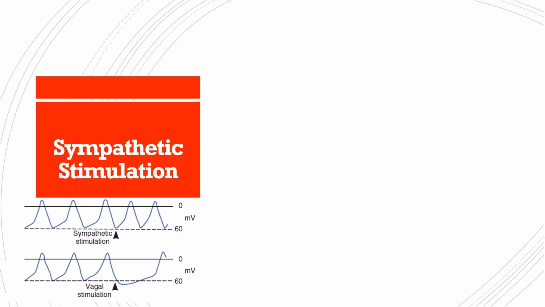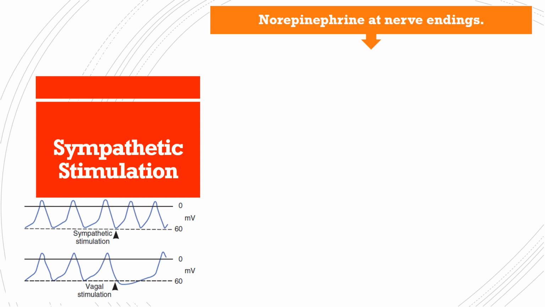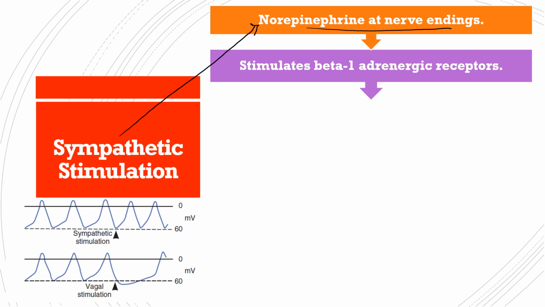First, we will discuss the effect of the sympathetic stimulation on the heart. As we have mentioned, when the sympathetic nerves are stimulated, they release norepinephrine at their nerve endings. The norepinephrine then binds with the beta 1 adrenergic receptors present in the SA node.